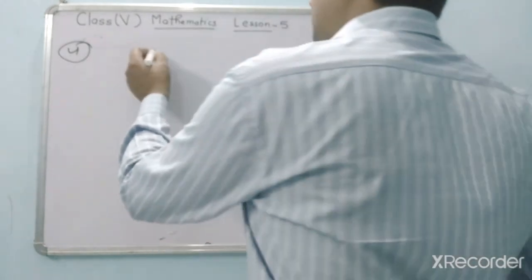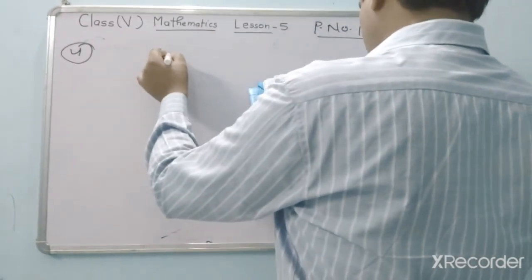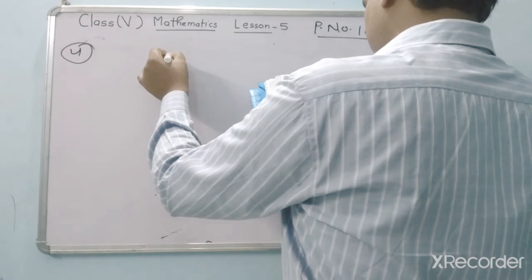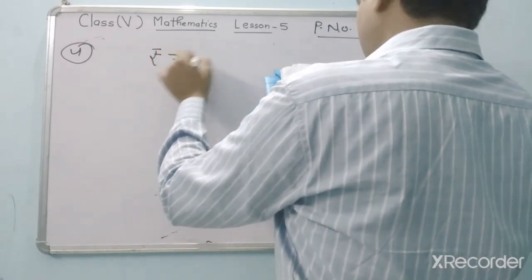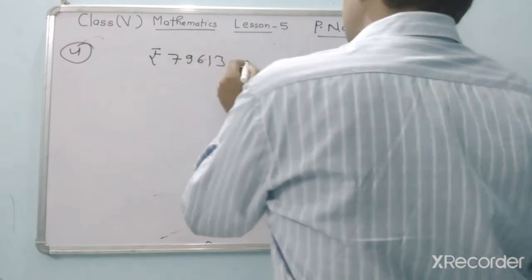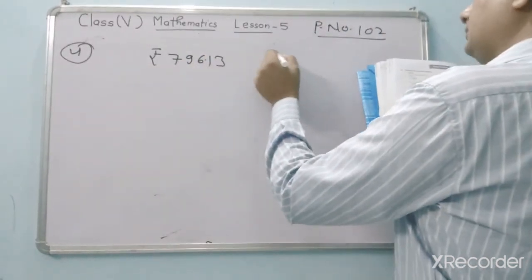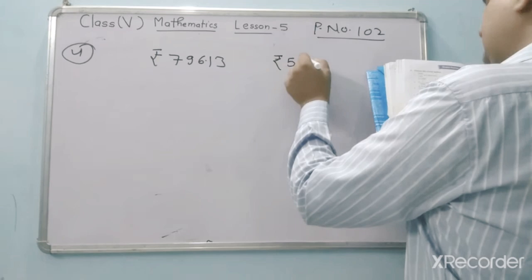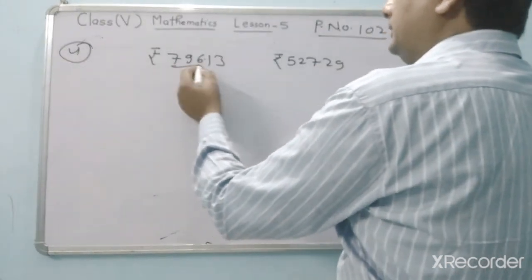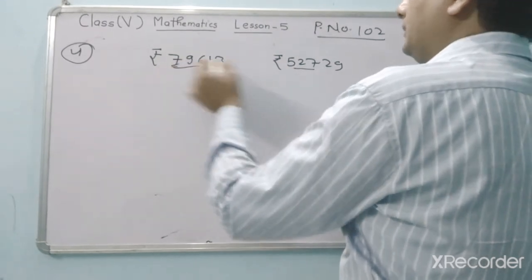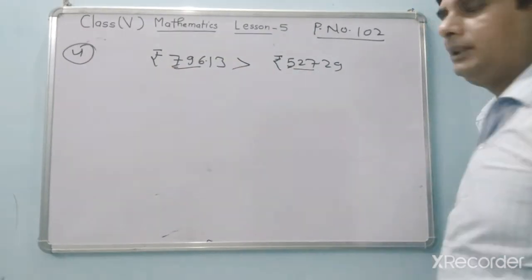So you can see rupees 796.13 and rupees 527.29. Which one is bigger? You can see here is 3 digits, here 3, and here is 7, here is 5. So this will be bigger.